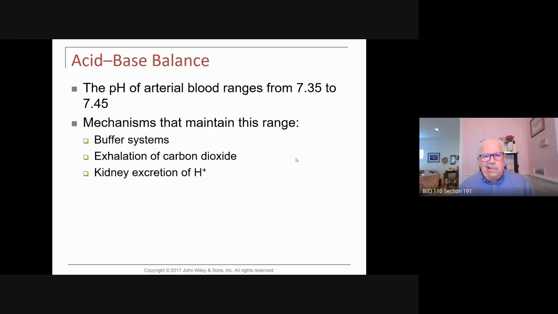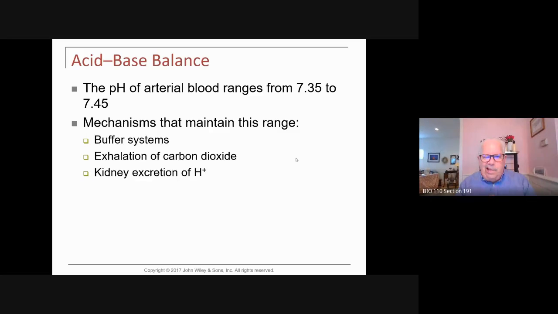And the acid that the respiratory system gets rid of is H2CO3, carbonic acid. If that doesn't work to maintain your normal pH, and usually it does not work, then you need your kidneys.